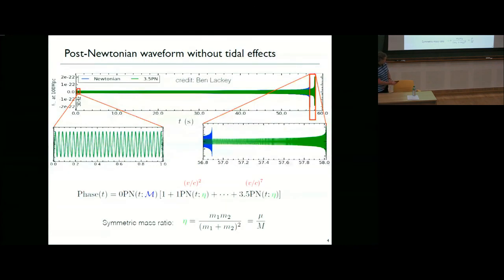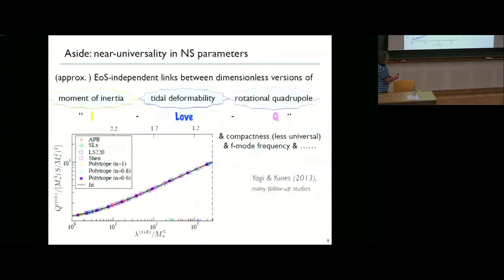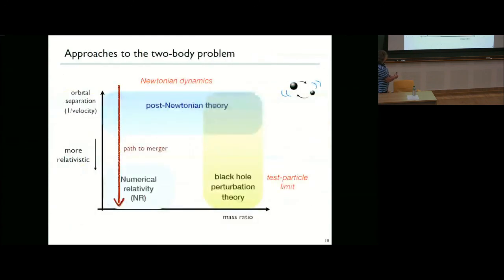So for extreme mass ratio binaries, you could do EOB, but it wouldn't be such a good description, because for extreme mass ratio, you are in this regime where you have black hole perturbation theory.